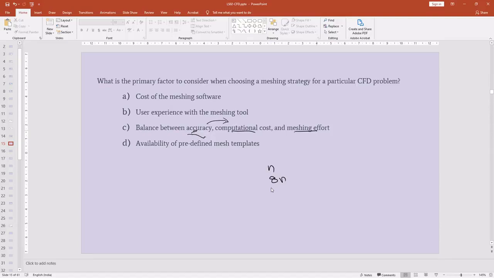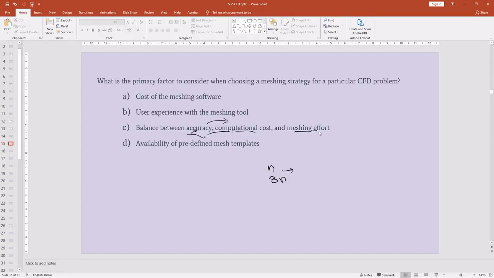The rule of thumb says we have to go for 8 times larger. If we keep on increasing like this, even the grid independence study, the mesh sensitivity study, will take a lot of computational cost. So we will be striking a balance between accuracy and computational cost.